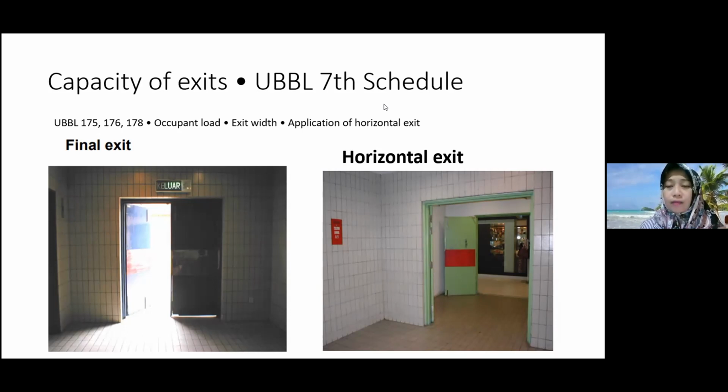And you are trying to find where the final exit is after the horizontal exit, meaning there is a door to the ground floor and you will search for the main door to outside. That is what we call a horizontal exit. But final exit means you open this exit directly to outdoor, directly to the assembly place.